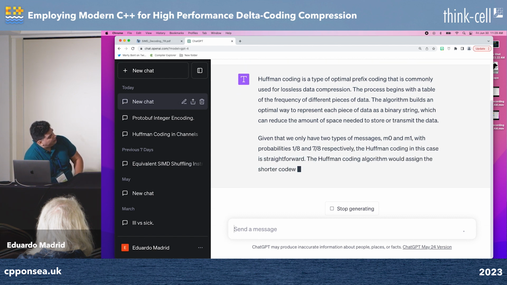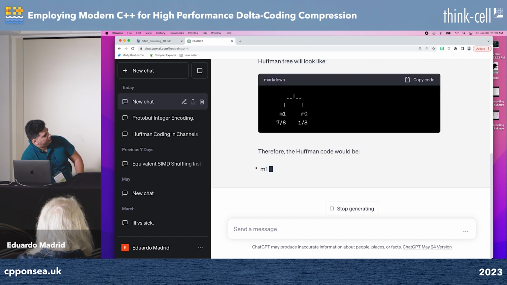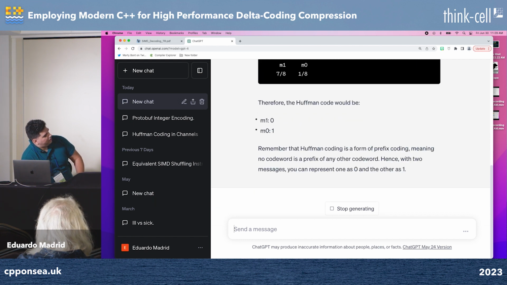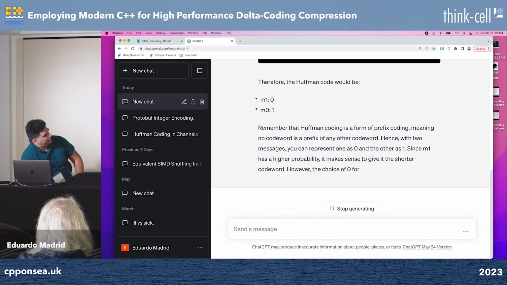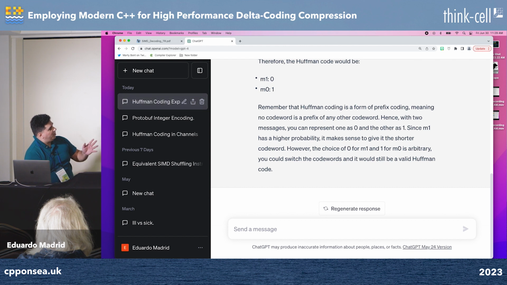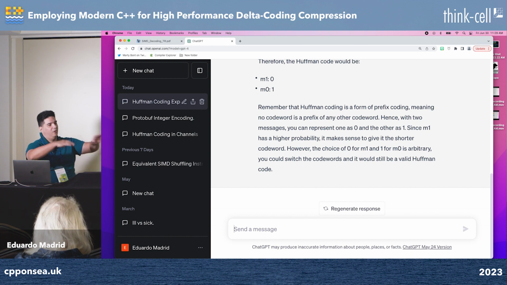Are you able to read? Do I make the fonts larger? Okay, in the warm-up, we can see that ChatGPT at least understands what Huffman coding is and the whole thing about communication channels and so on.